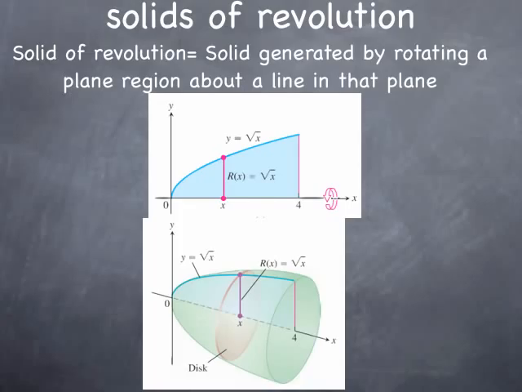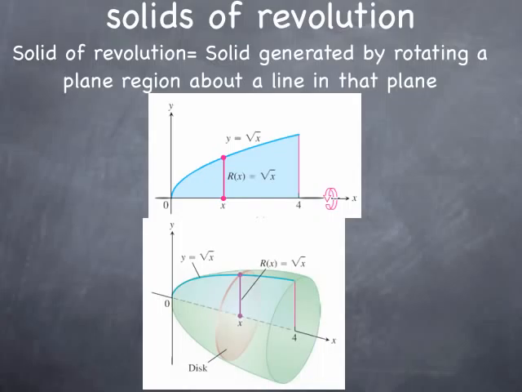Using the technique of cross-section that we have seen in the previous section, what we would need to know is the cross-section by a plane x equals constant. So if you look at the case where x equals constant and look at the picture at the top, you have this red segment that corresponds to the part of the plane region that sits inside x equals constant, and we're going to rotate that around the x-axis.